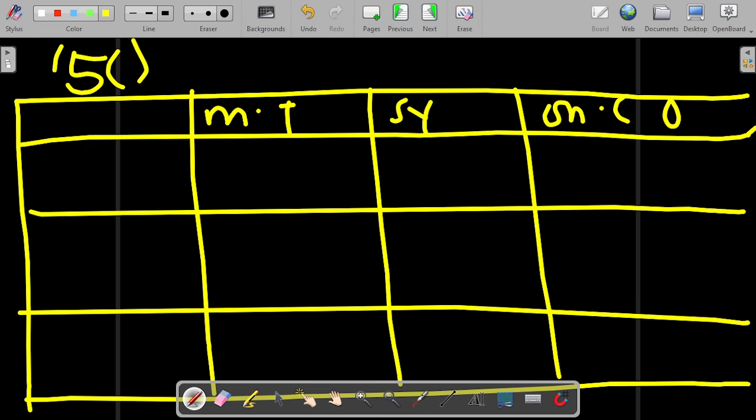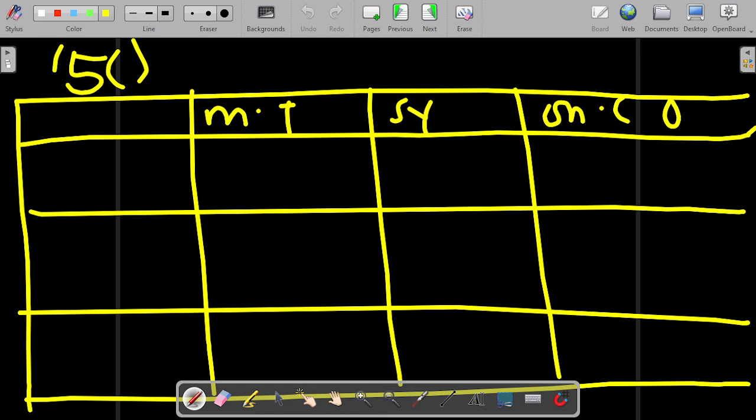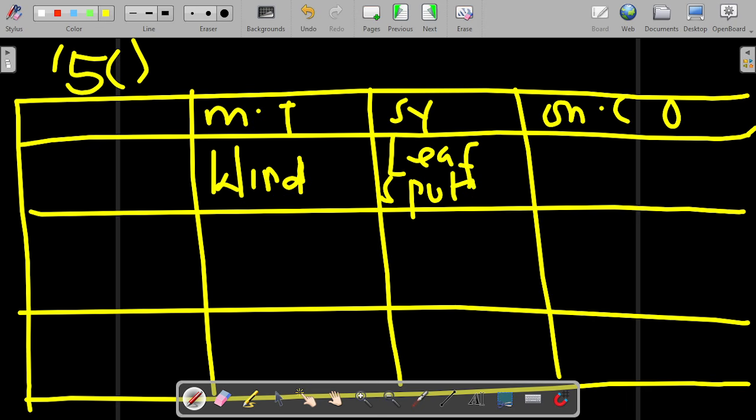So for the first one, rice blast, we have the wind or air. The other one, we have leaf spot, and lastly we have fungus.